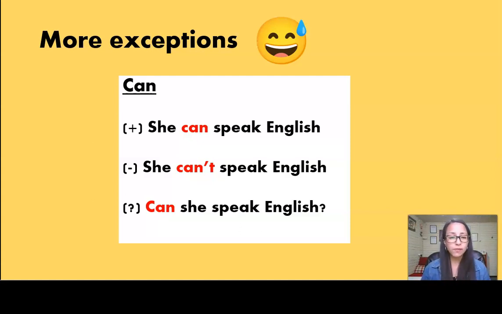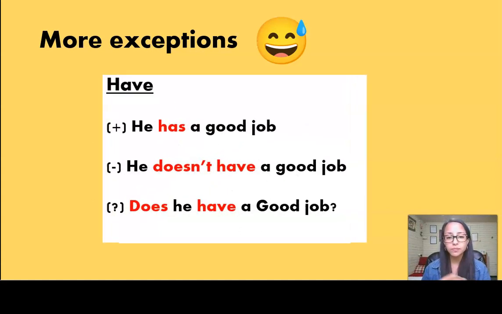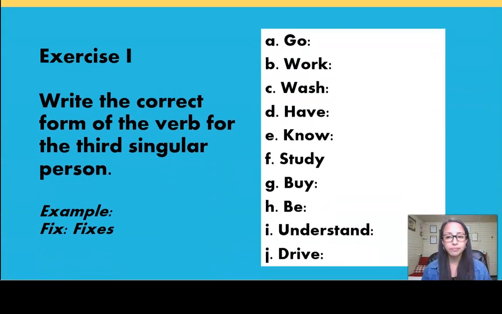Como tiene su propia forma y es la misma para todos los pronombres, entonces no la necesitamos. Y finalmente, en el caso de have, su forma para he, she, it en afirmación será has. Y para la negación o interrogación simplemente usaremos el auxiliar como corresponde.